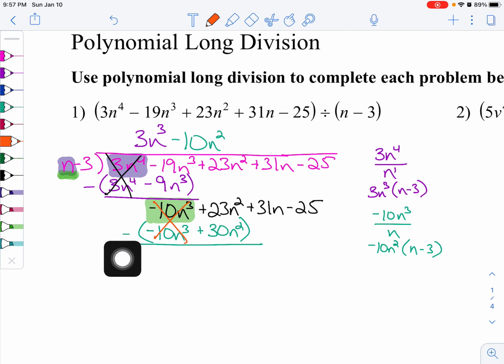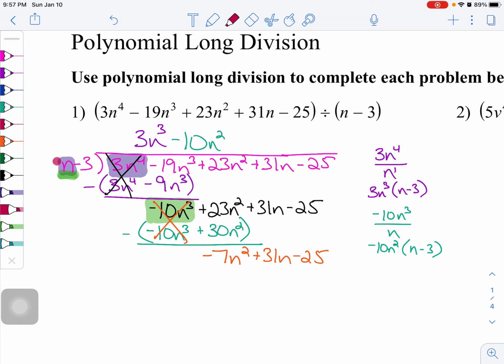Now I want to take positive 23 minus 30. So 23 minus 30 is negative 7n squared. Bring down the other values and start again. And we're going to keep doing this until we run out of polynomials.